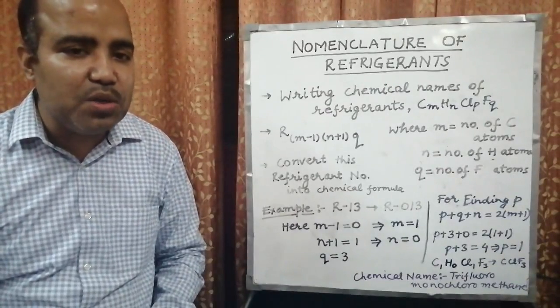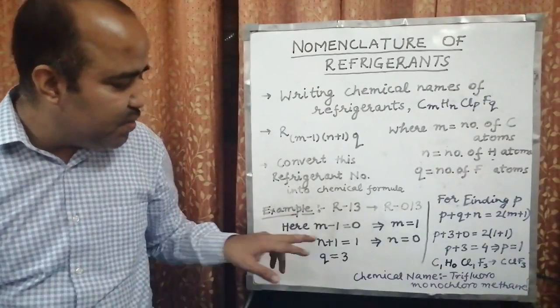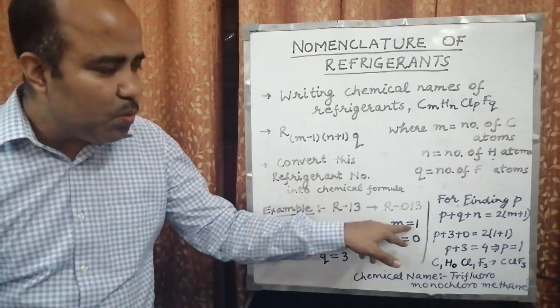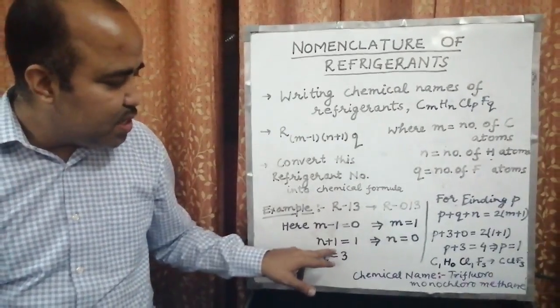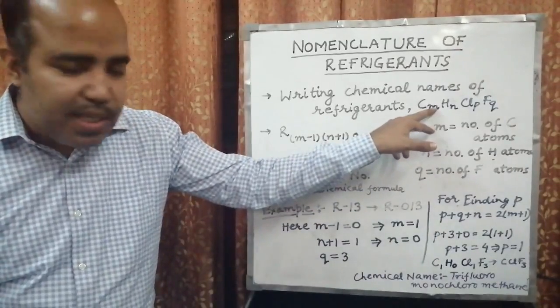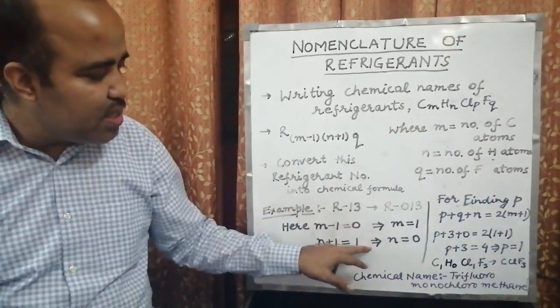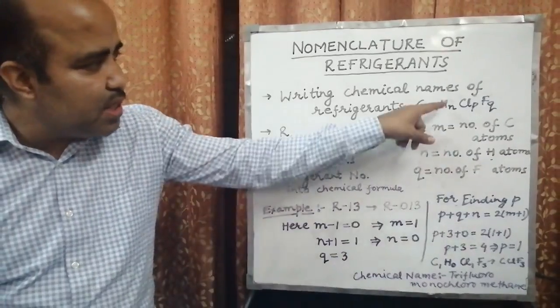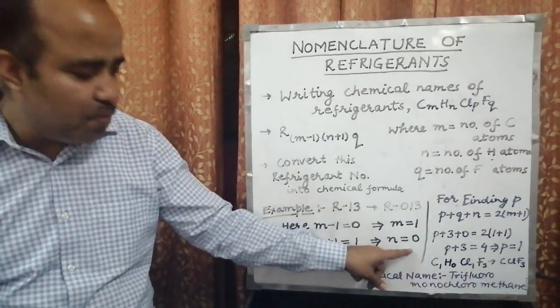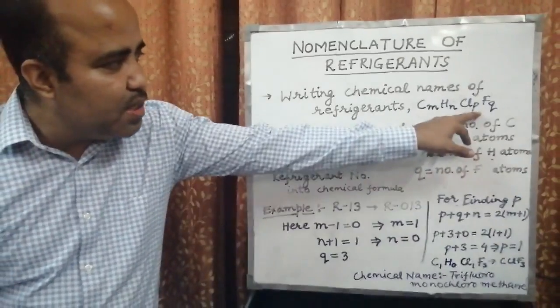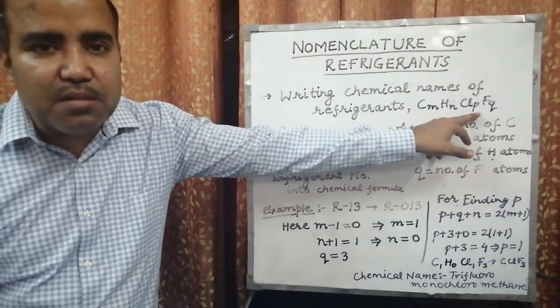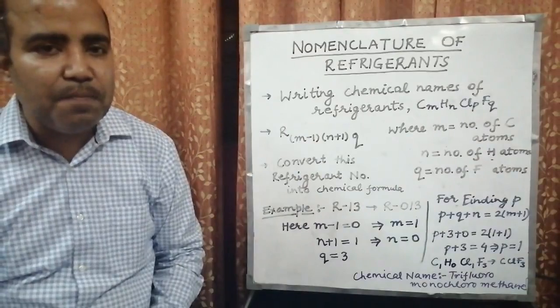So M is equal to 1, that is carbon is 1 atom. N is equal to 0, that means the hydrogen atom number is 0. And finally Q is equal to 3, which means the number of fluorine atoms is equal to 3.